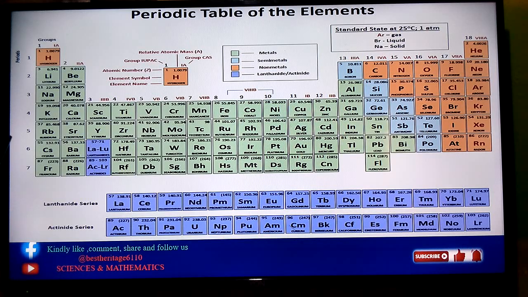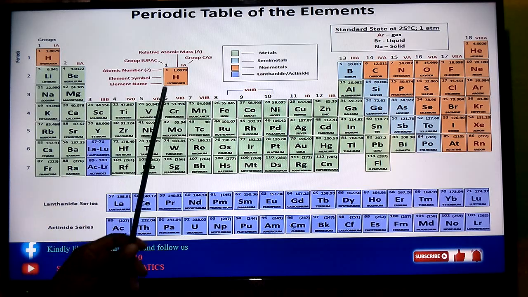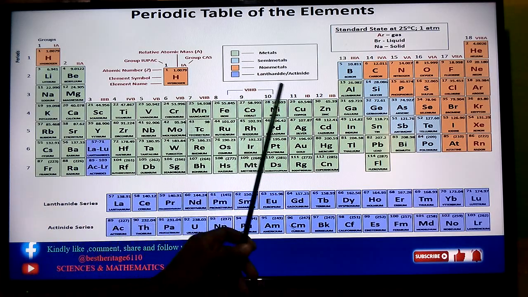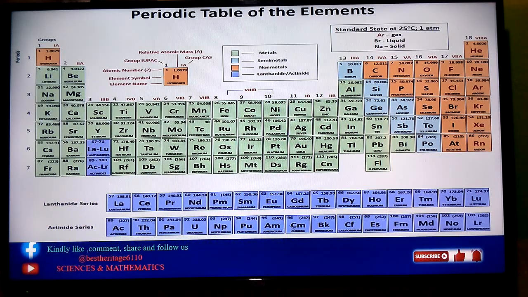The groups give us the number of electrons in the outer energy level, which we refer to as valence electrons in one of our discussions. And the periods, which in some literature are referred to as series, give us the number of energy levels that an atom has. We're going to see that this increases across the periods when we discuss the concept of periodic trends.